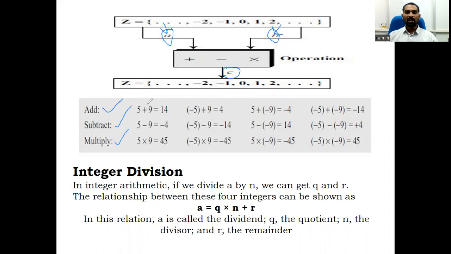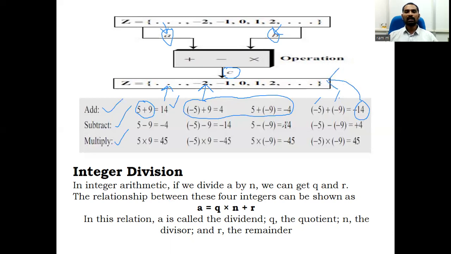If you add two positive numbers, the resultant value also belongs to the set of integers. If you add one negative and one positive number, the result will also be in the set of integers. If you apply addition between two negative numbers, there also the result will belong to the set of integers.